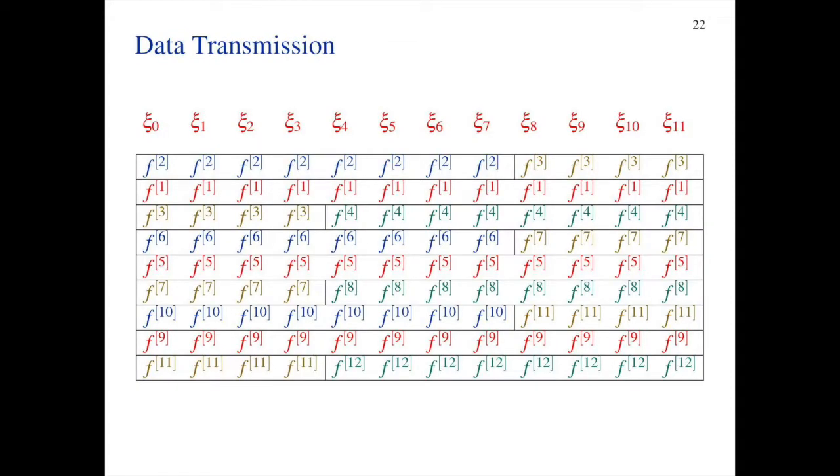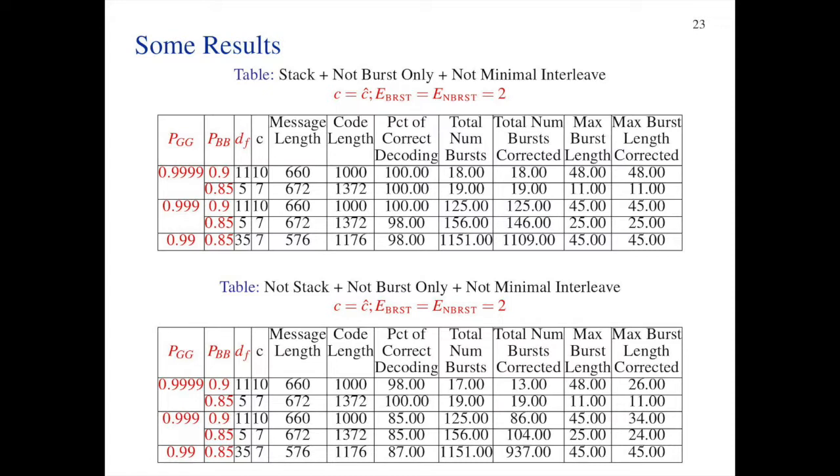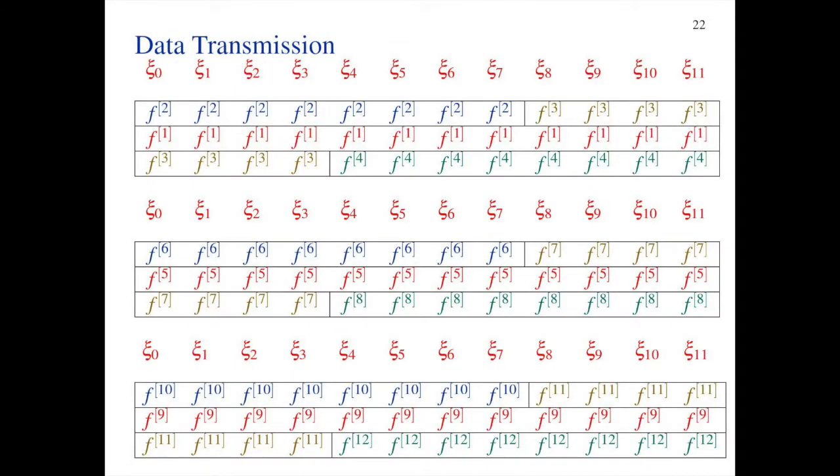That's what I mean by a non-burst error. And by the non-minimal interleave, well, actually, for this system, 3 is the minimum you can do. You cannot have an interleave depth of 2. That wouldn't work, so the smallest you can have is 3. So maybe you want to just use the minimal.